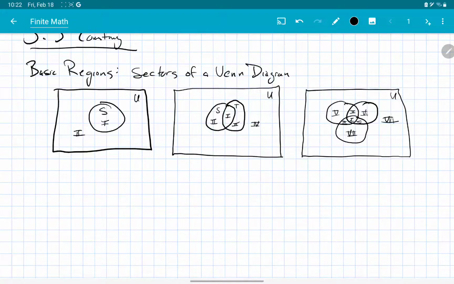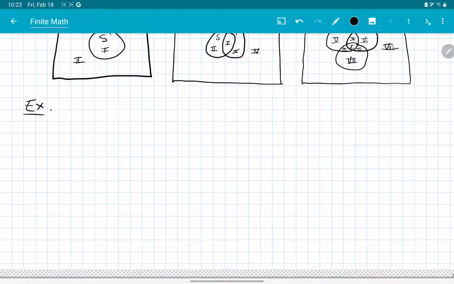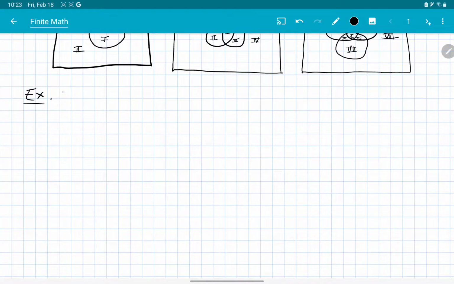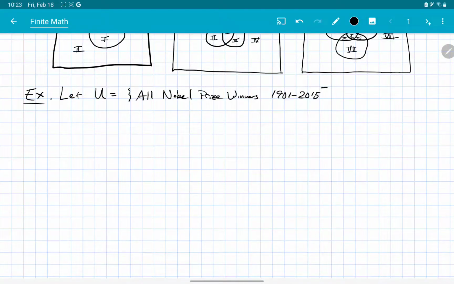Okay, so we can use a Venn diagram and certain information about the basic regions to find information about the sets. And this is an example taken from the book to highlight this. Okay, let the set U be equal to all Nobel Prize winners from 1901 to 2015.